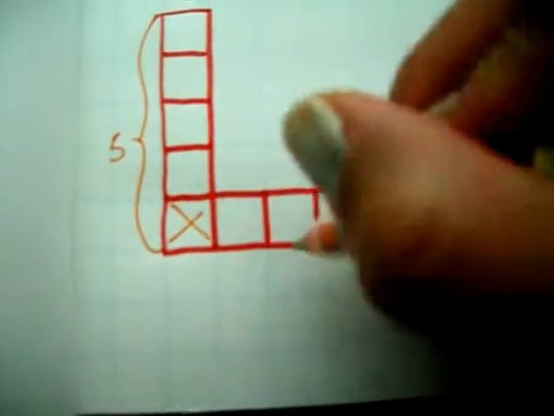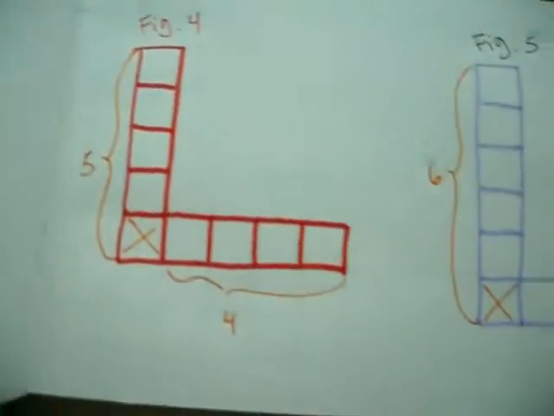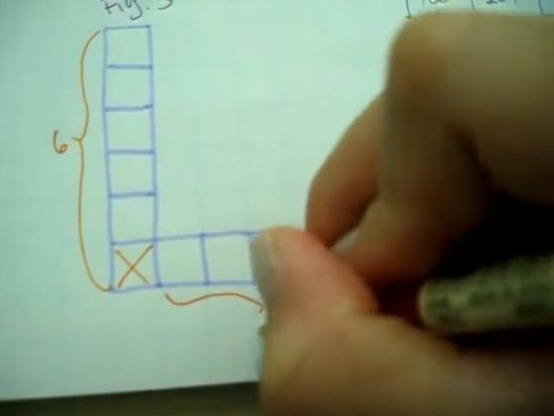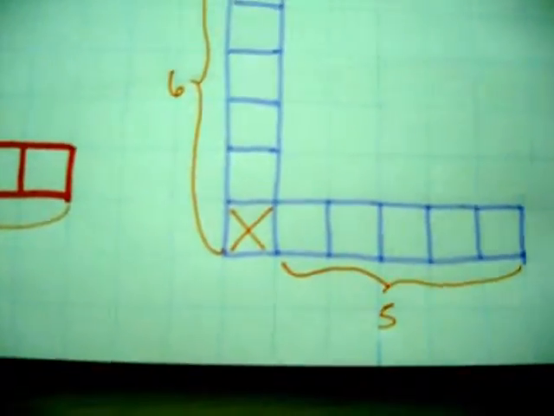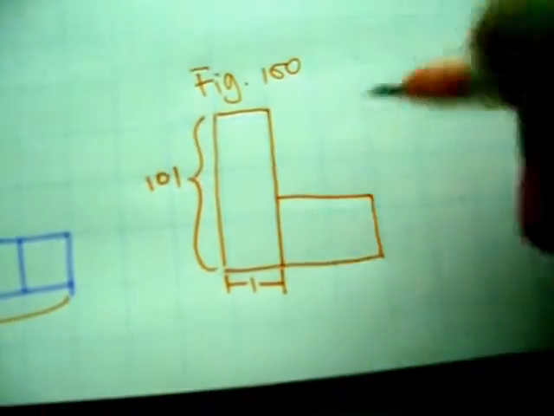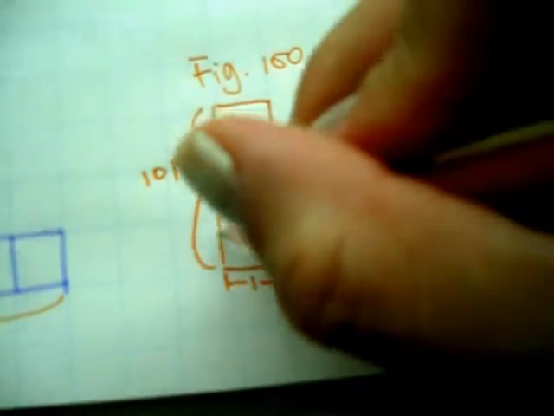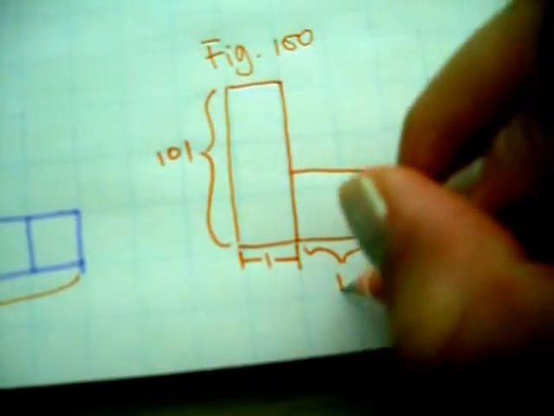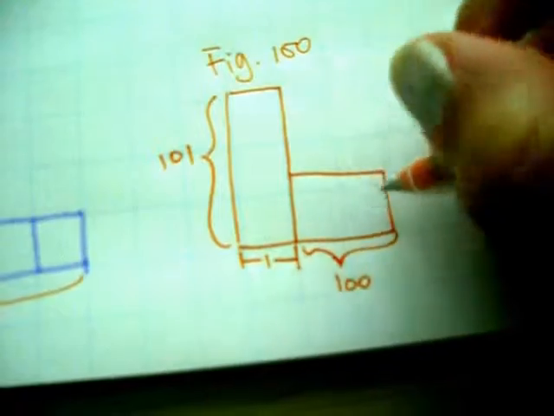There's 1, 2, 3, 4 in figure 4. Whoa, and 5 little boxes in figure 5. Interesting. So my hypothesis is that, not counting the corner piece, which we have already counted, in figure 100 there's going to be 100 boxes going the horizontal way.